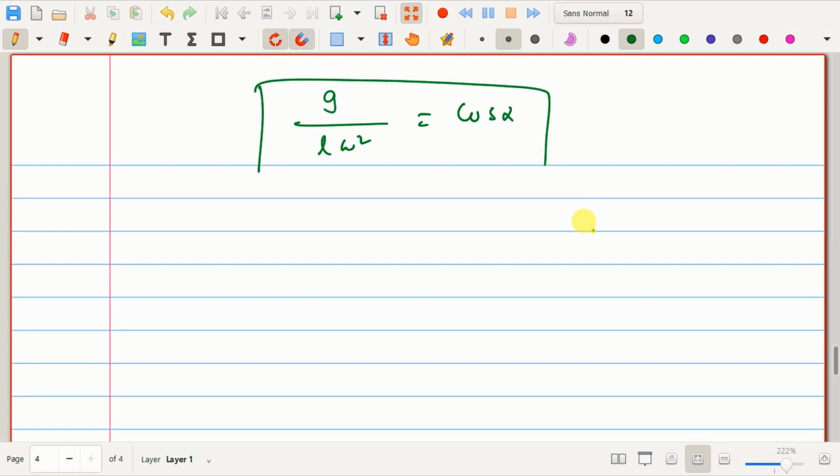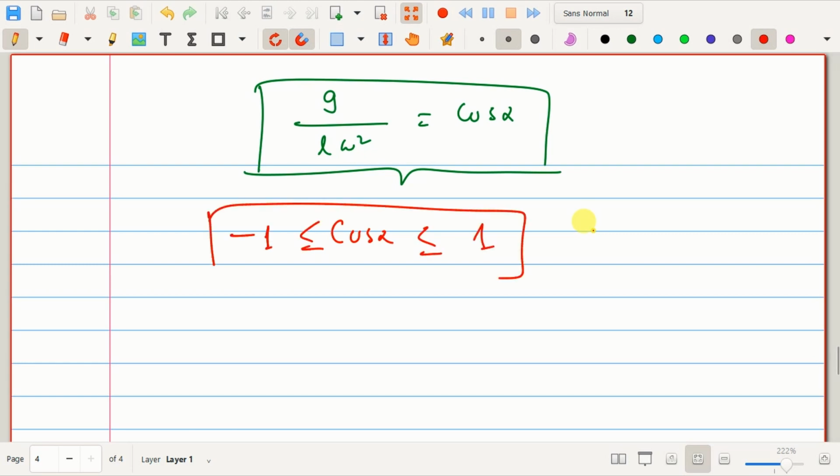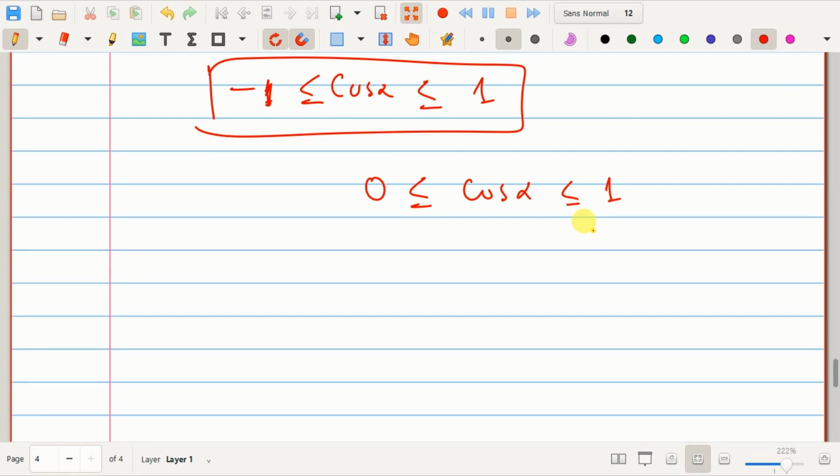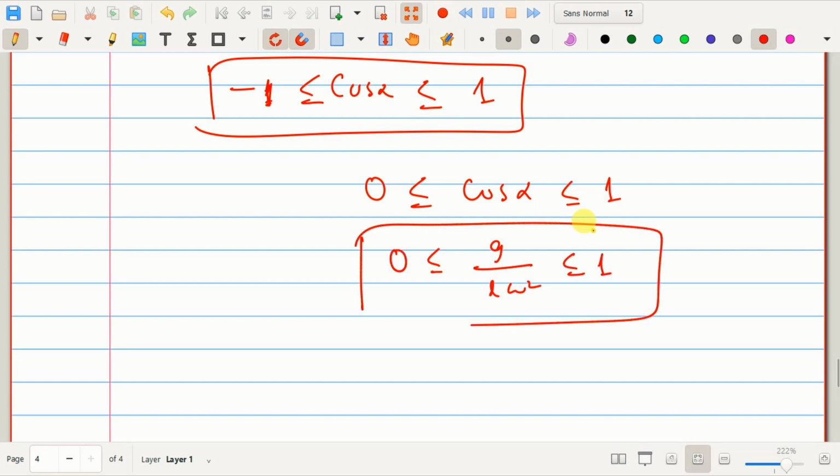Now we are going to deal with pure mathematics. You see, cos alpha can have the maximum value of 1 and the minimum value of -1, but here we don't care about -1, so we say that the upper limit of cos alpha is 1 and the lower limit is 0. Therefore we have g over l omega square, let's say it is less than 1 and greater than 0.